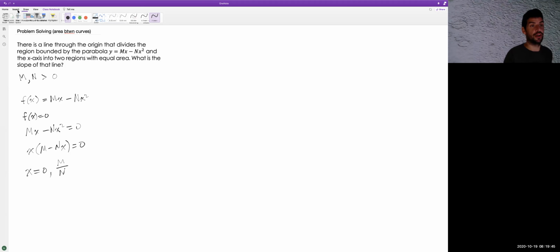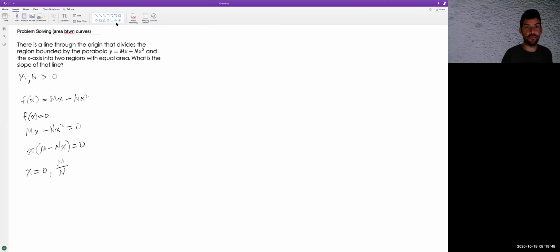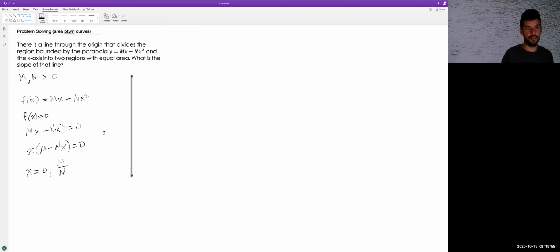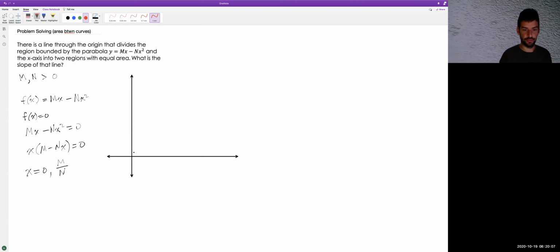So I should be able to graph this quickly. I'm not worrying at this point about making my graph especially perfect. I'm just going to draw a couple of axes and then sketch my graph, using red for this. I'm only going to draw the relevant portion. So here are my two x-intercepts: there's one at 0, 0, and there's one at m over n, 0.